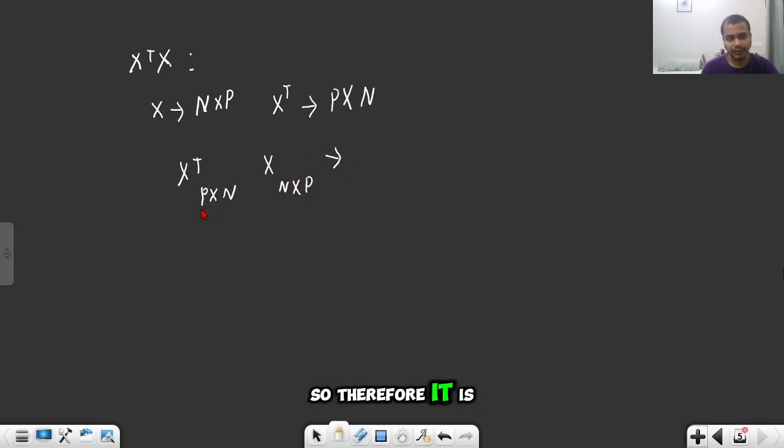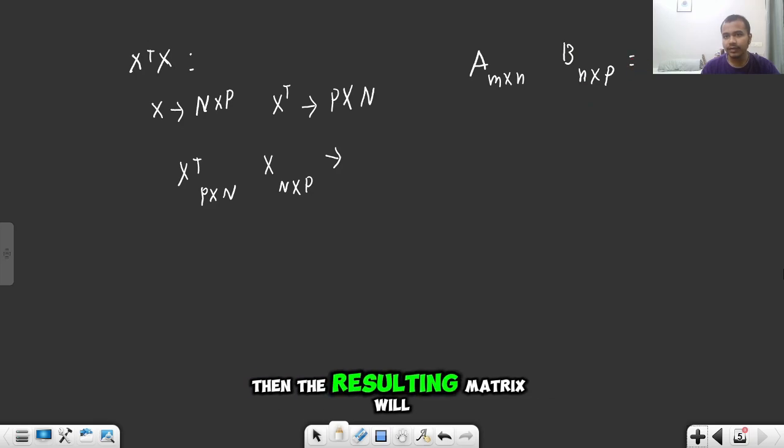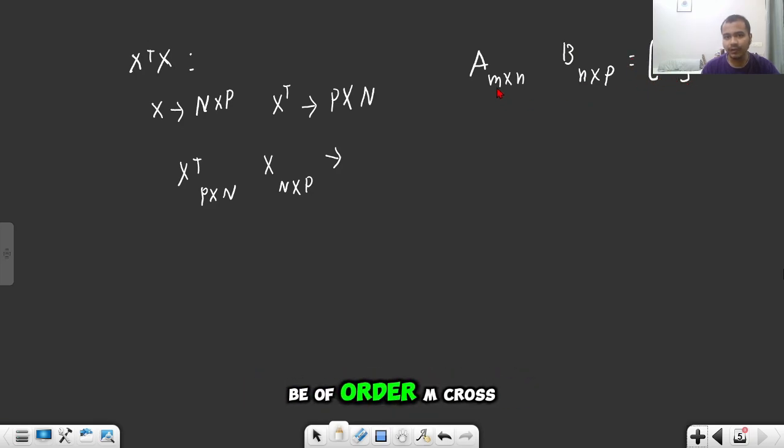As we know, if you are multiplying two matrices, A of order m cross n and B of order n cross p, then the resulting matrix will be of order m cross p, and the total number of multiplications is m into n into p.